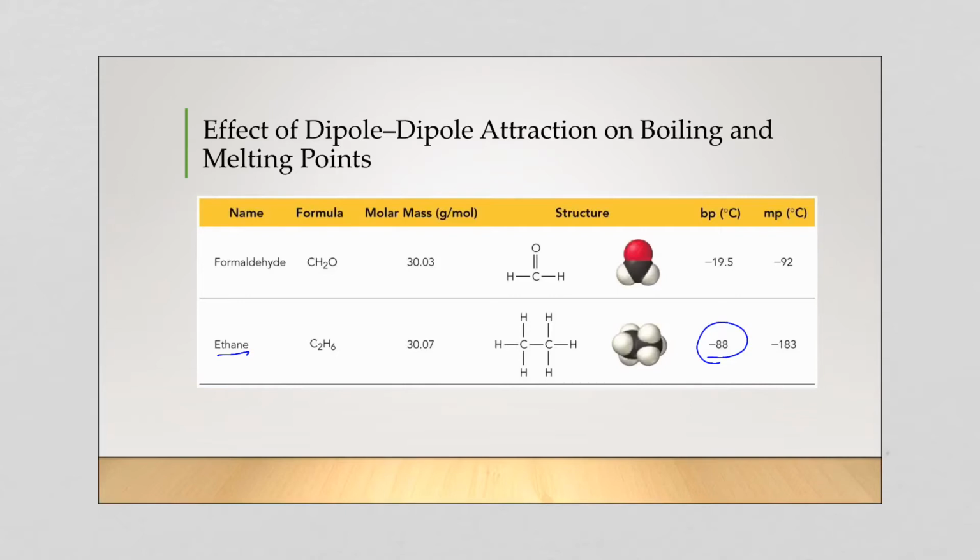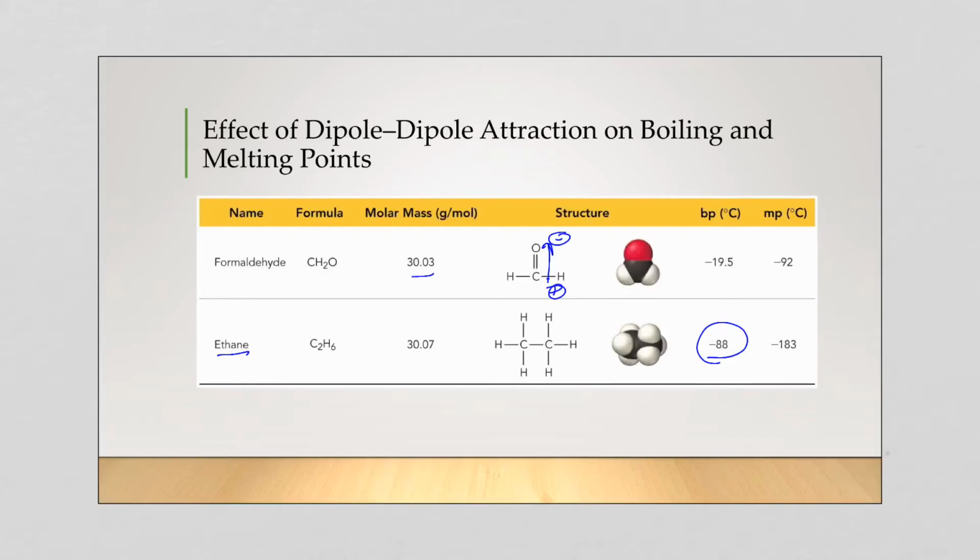Then we can look at formaldehyde. It has very similar mass. We look at the structure, and this is a polar molecule, so we're going to have a dipole in this molecule, where the negative part of the dipole is around the oxygen and the positive part is around the carbon.